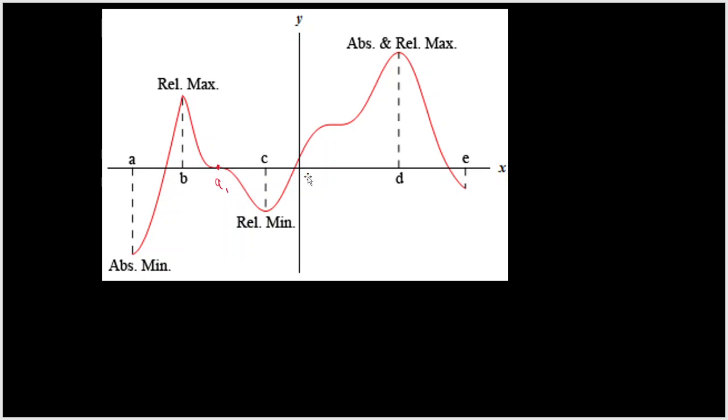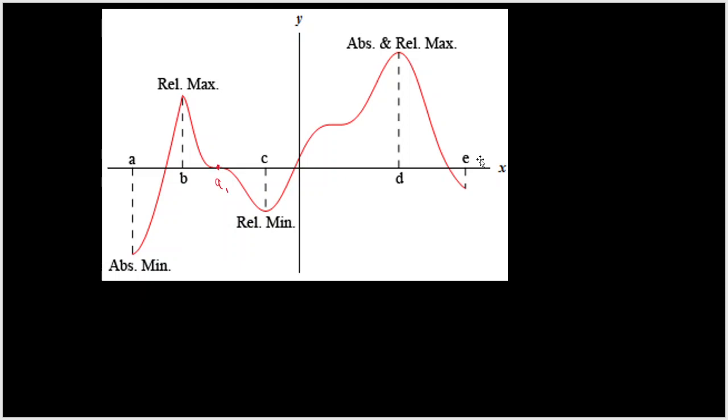Again, we have seen before C is a critical number, right? So that's a point at which the derivative is equal to 0. And likewise, D is a critical number. And also B is a critical number. You imagine the function is defined on the closed interval from A to E. If A and E are included, I'm trying to say, you remember I told you one of the two conditions is that the interval is a closed interval.